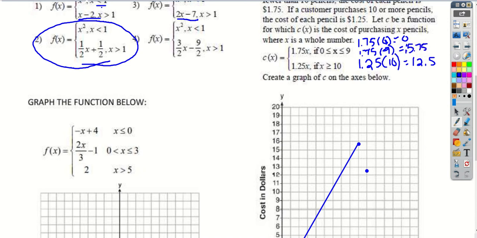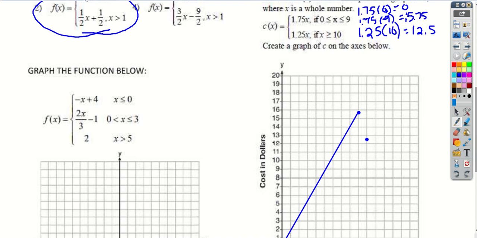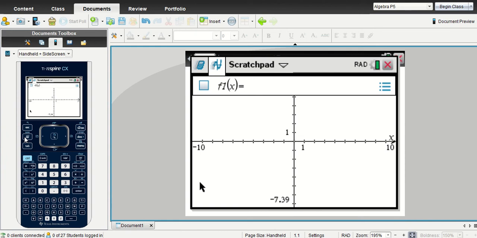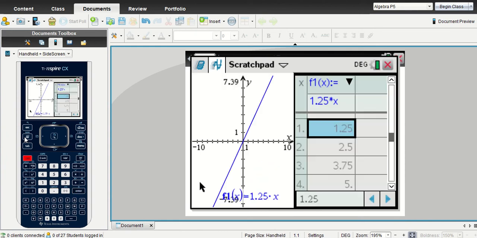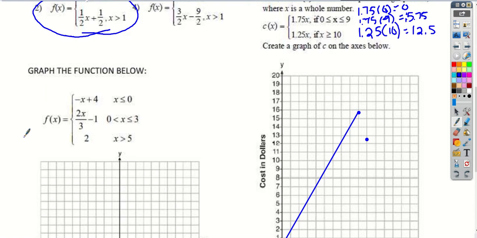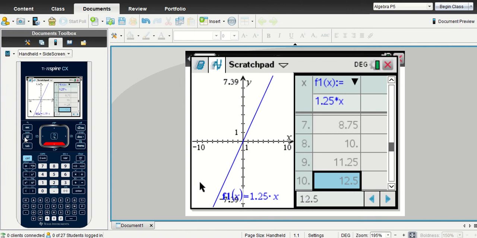All right, so now I know that I'm keeping this, and 1.25x as a fraction, if you really want to, is essentially 5 over 4, okay? So what I would do, or we can use your graph, 1.25x, I go to my table, and then once I get to 9, 10 is 12 and a half.